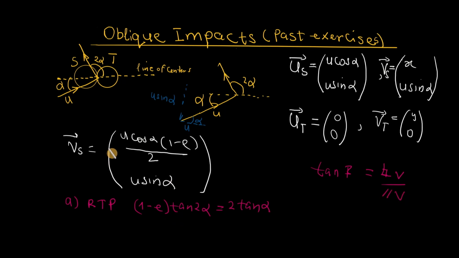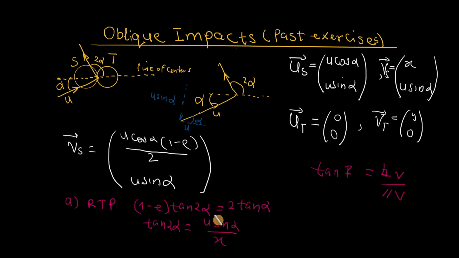That is, the sphere S meets an angle of 2 alpha with the line of center after impact. That means tan 2 alpha is equal to the perpendicular component of sphere S after impact, which is u sine alpha all over x, where x is the parallel component of the velocity after impact.